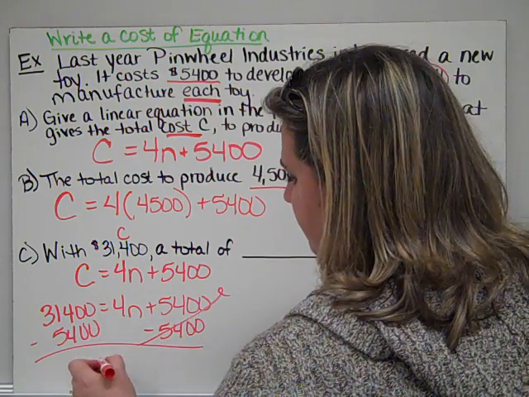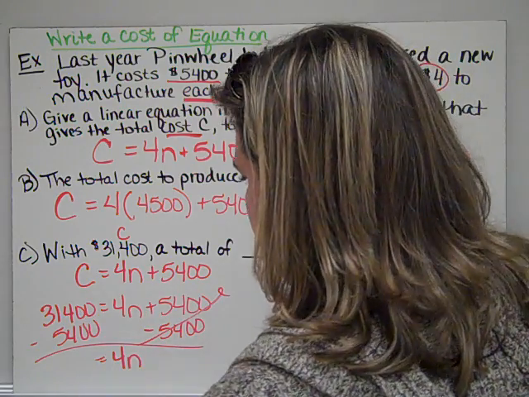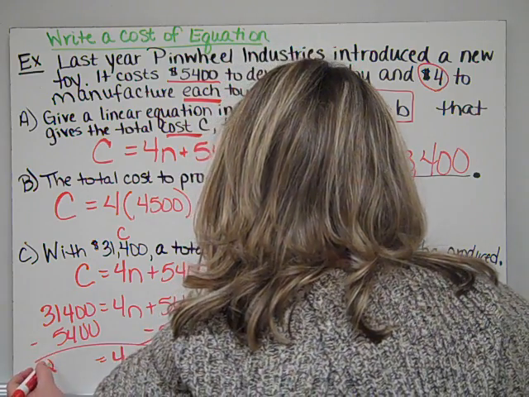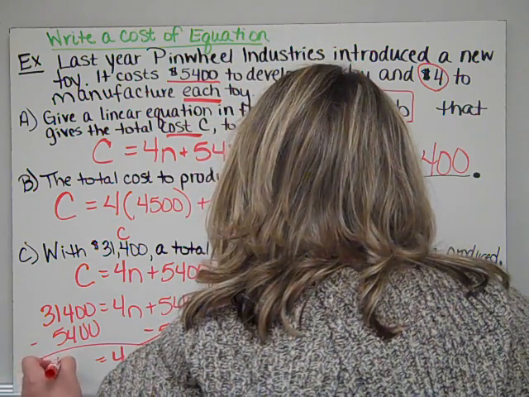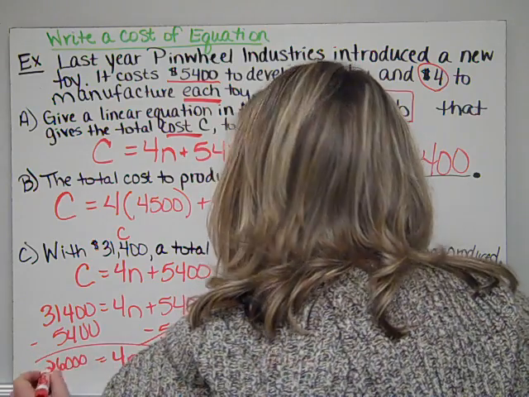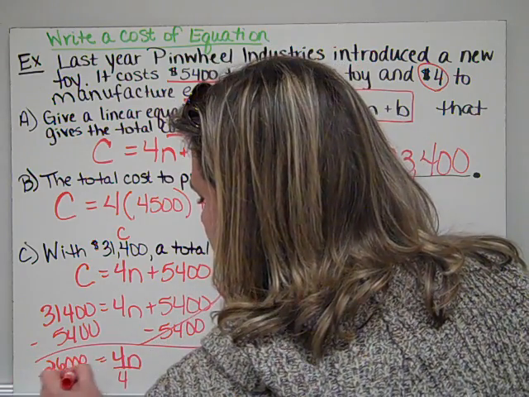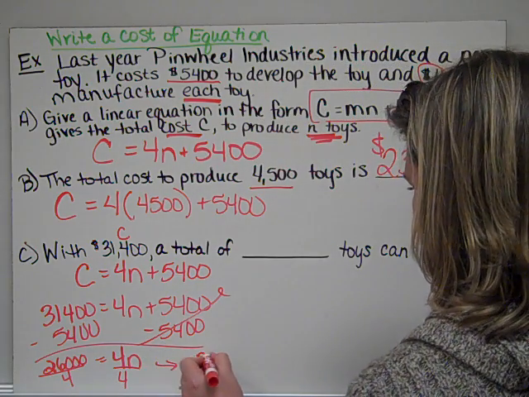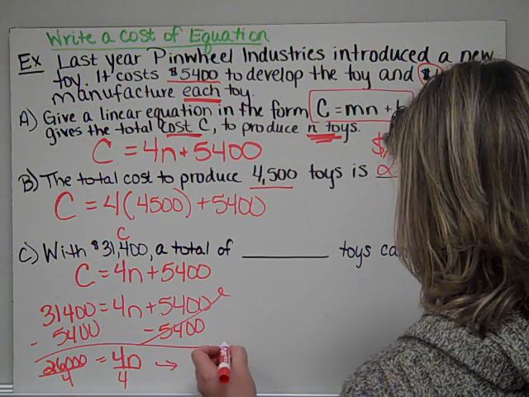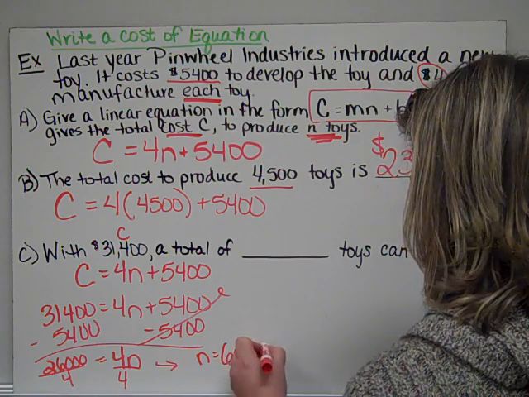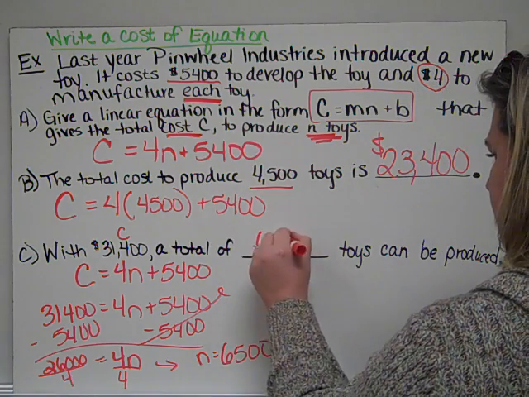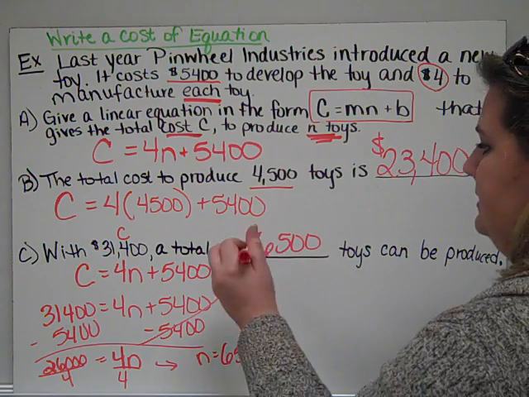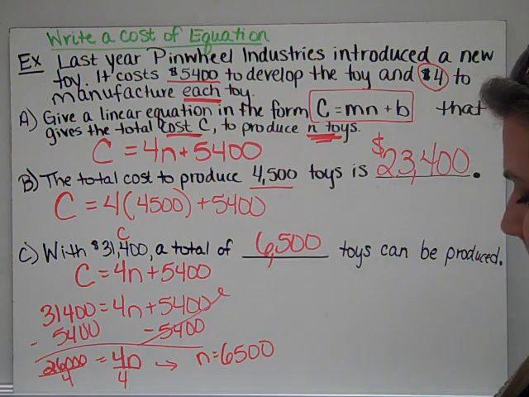It should be 26,000 right here. Then I'm going to divide that by 4. N equals 6,500. So Pinwheel Industries can make 6,500 toys.